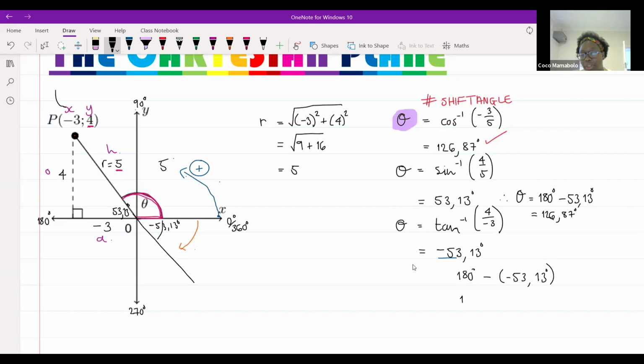So I'd end up with 180 degrees plus 53,13, which isn't really correct because this is going to give us 233,13. That's not the correct angle. Now, remember, guys, my calculator has given me the angle in this direction. I want my angle going in that direction. What would I have to do to figure out what theta is?